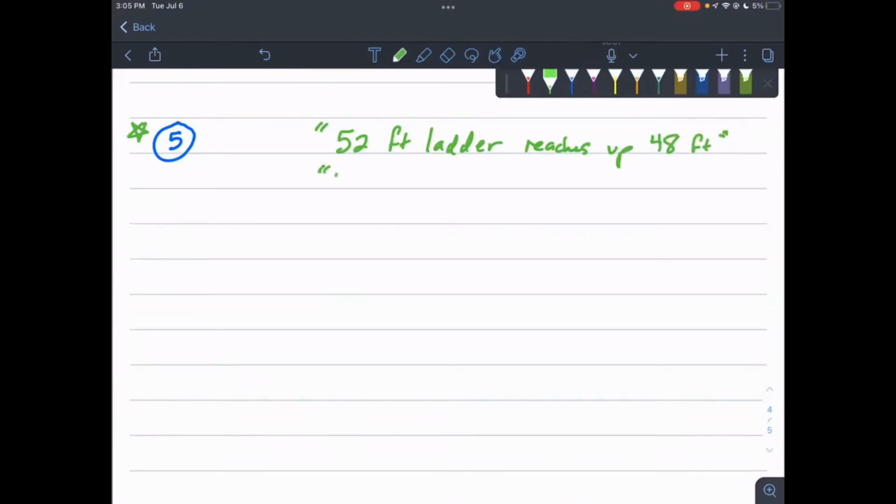And then it says, if Javante pulls it 3 feet further from the house, how far up the side is it?